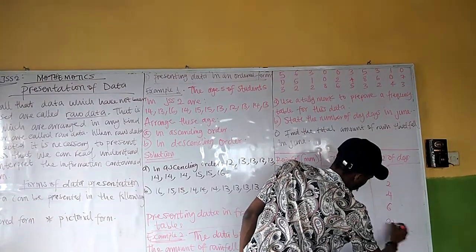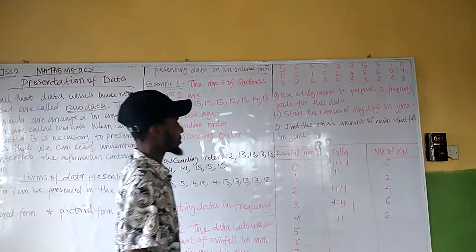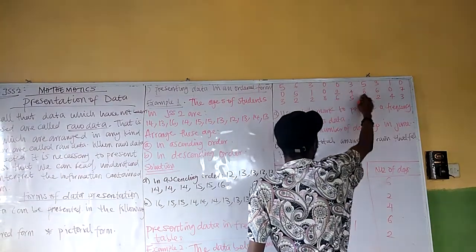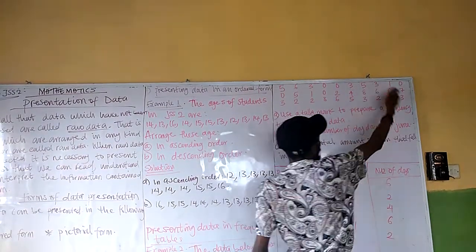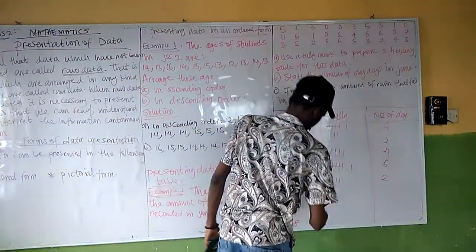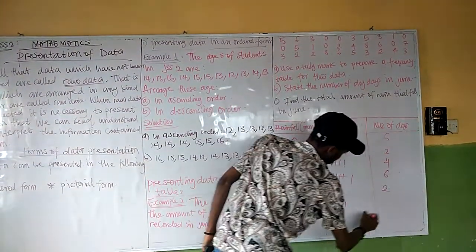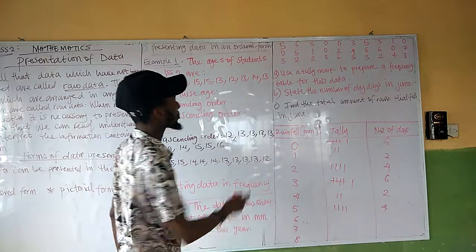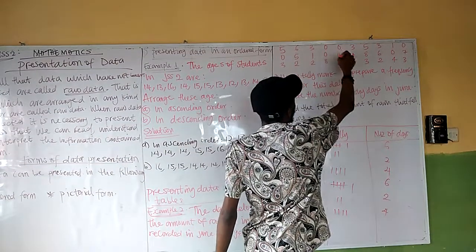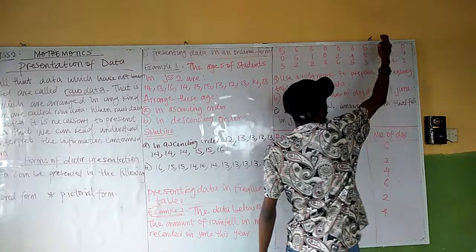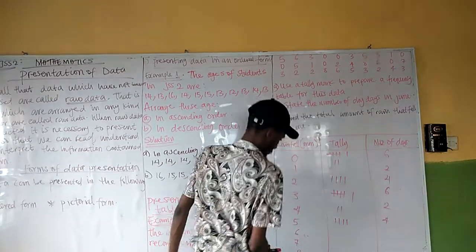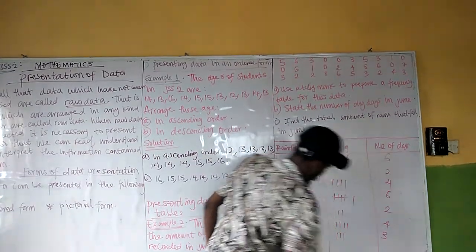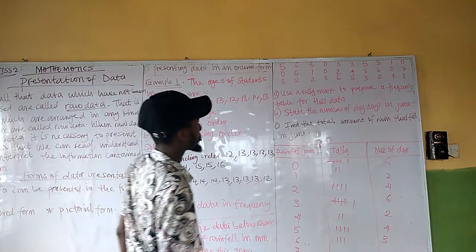Then what is the frequency of 5 there? 1, 2, 3, 4. That is the frequency. So what is the frequency of 6 there? 1, 2, 3. What is the frequency of 7 there? So you count.